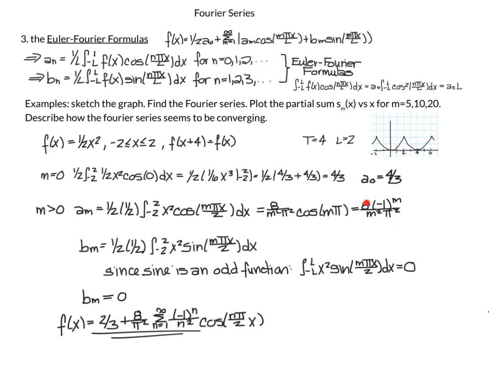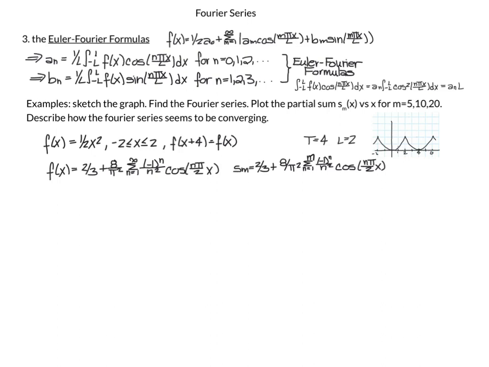And then what happened to our a_m? So n should be inside the summation, but the 8 over pi squared I can pull outside the summation. And now I have my -1 to the n over n squared. So this is our estimate for our f of x, which again is 1/2 x squared.